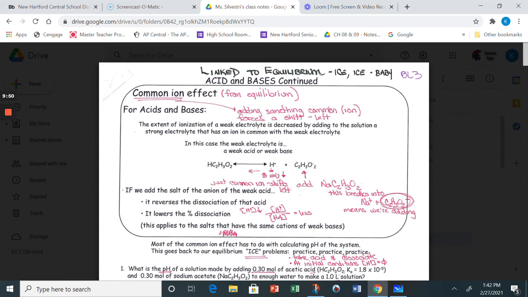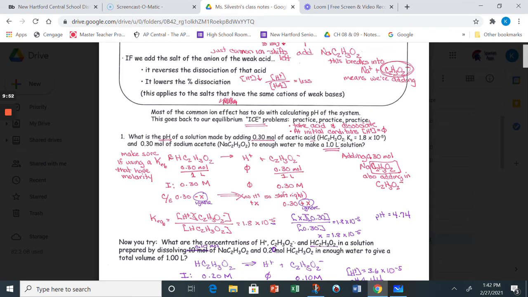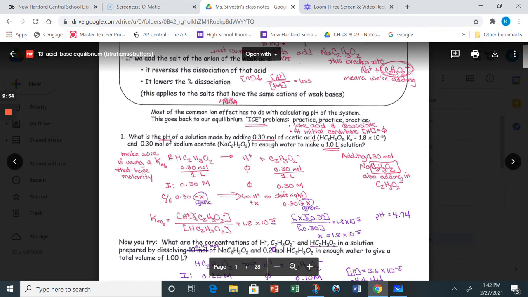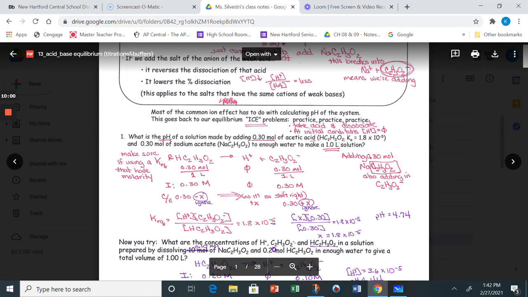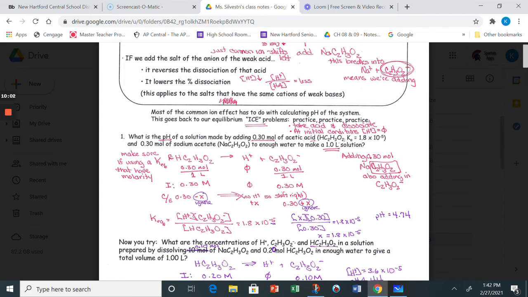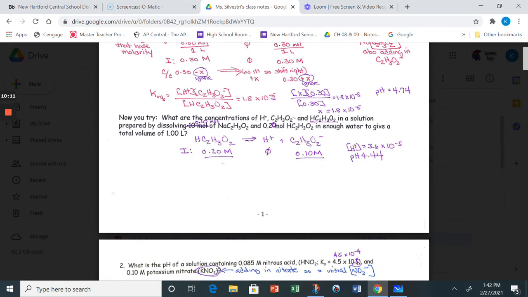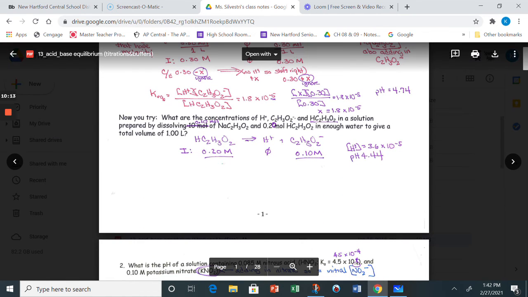So technically, down here where I had the acid and the sodium acetate, I have a buffer now. And this is what we call an ideal buffer: exactly equal acid to the conjugate. Down here I have a buffer, but it's not ideal because this is not equal to that.